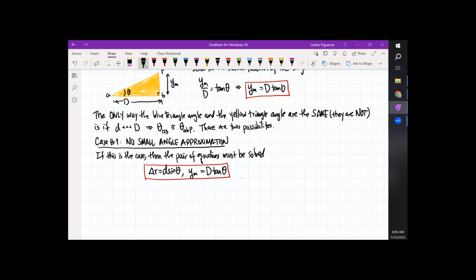So that means here, if you want to play it safe, you solve these two equations for all possible situations. That is, to play it safe, your best bet is to solve these two equations for all possible situations.